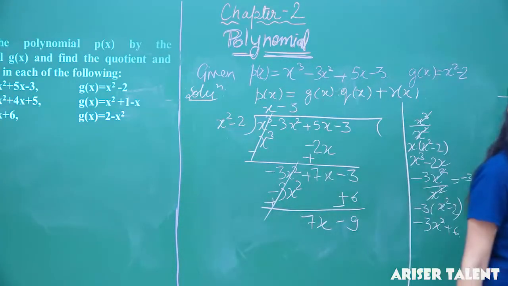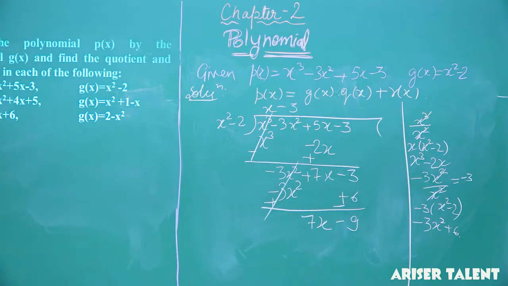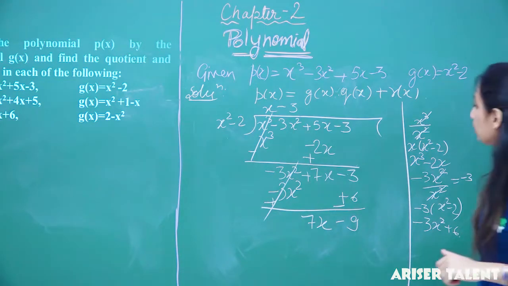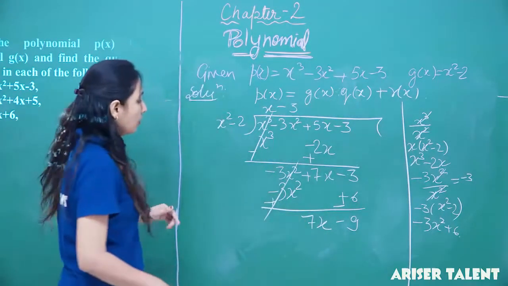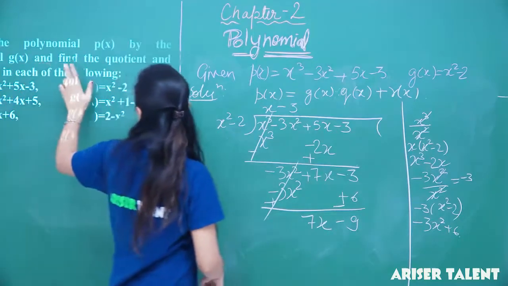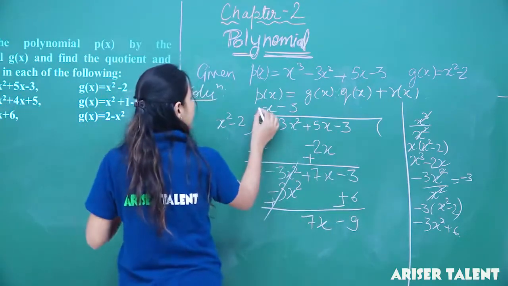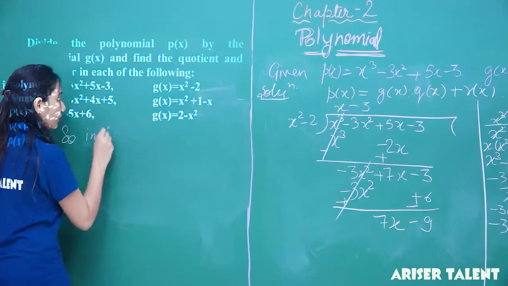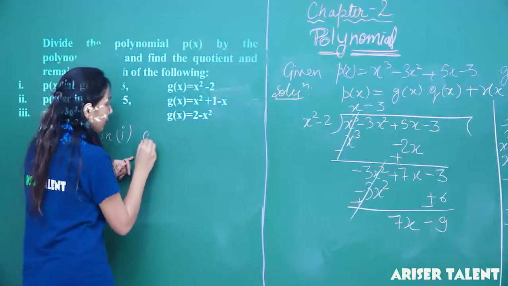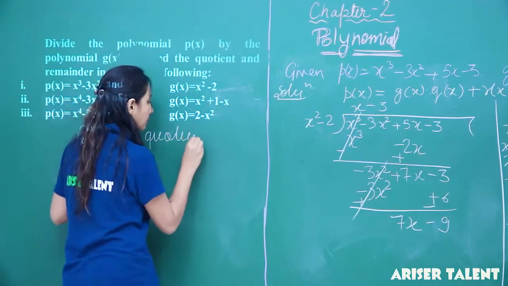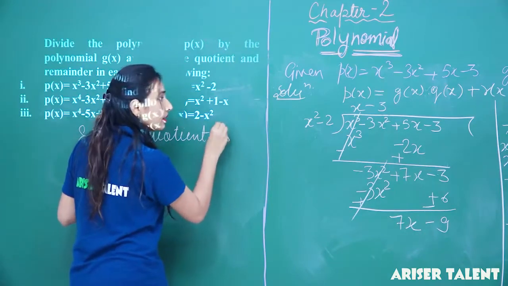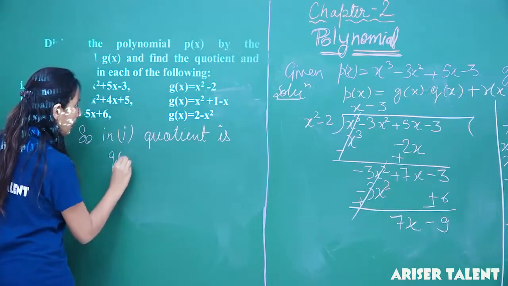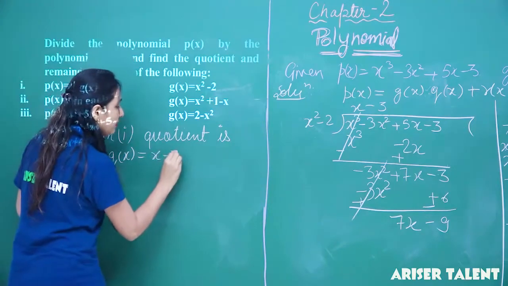Note it. Okay, students, noted. Now, we have to find the quotient. So, quotient is here x minus 3. So, in first, quotient is qx equals to x minus 3.